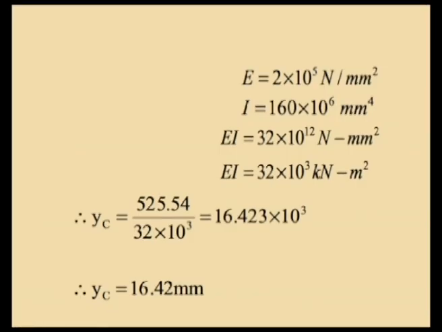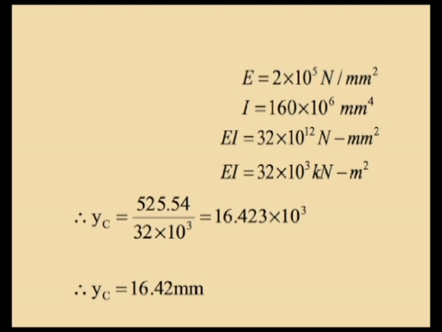So, we have 32 into 10 power 12 Newton mm squared as EI value, and if you convert into kilonewton meter squared, that has to be divided by 10 power 9 and it will be 32 into 10 power 3 kilonewton meter squared. When substituted in the deflection equation, we will get deflection in meters, and it is customary to always express the deflection in mm.